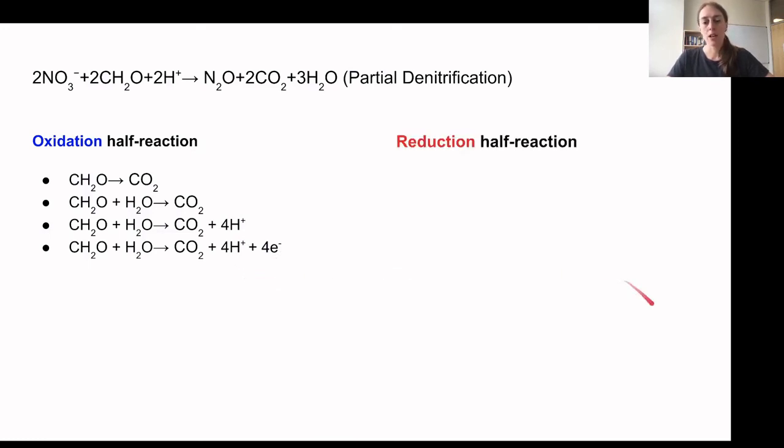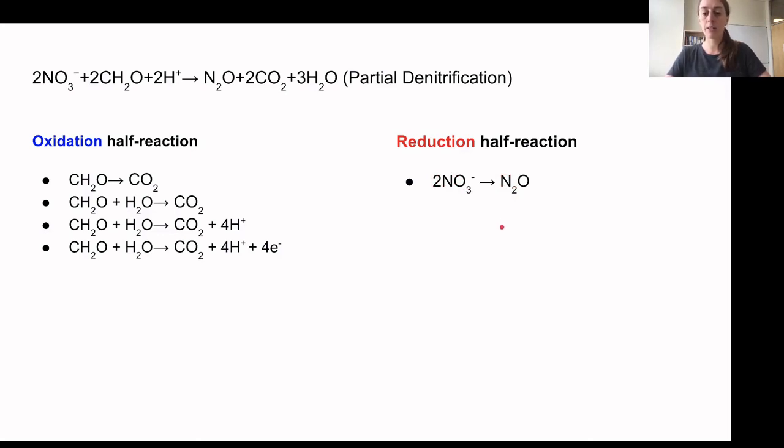Okay, so now we can move over to the reduction half reaction. And again, our nitrogen was what's getting reduced, and it started off as nitrate and moved to nitrous oxide. So we will put that in our reduction half reaction where we had 2 nitrates moving to dinitrogen gas. So again, we already have 2 nitrogens on this side and 2 nitrogens on this side.